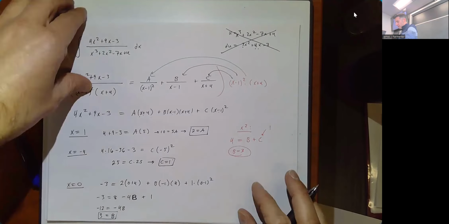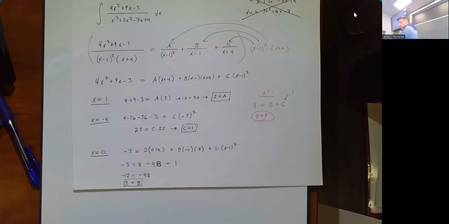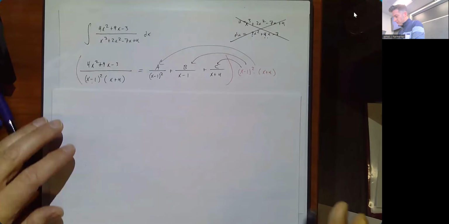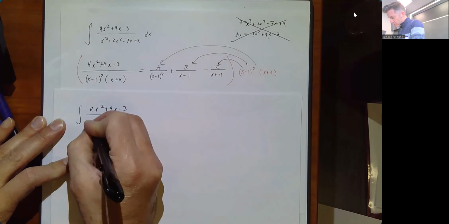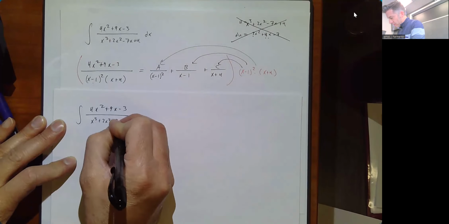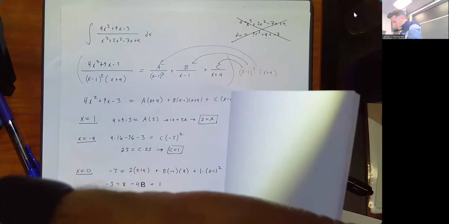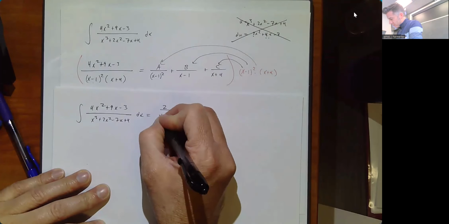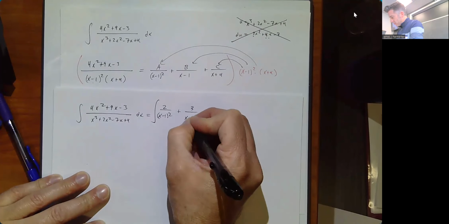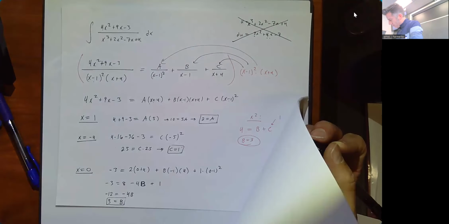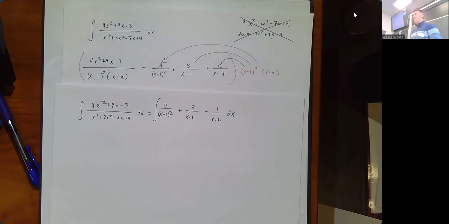So just to point out here, we're going to say that the integral of 4x squared plus 9x minus 3 over x cubed plus 2x squared minus 7x plus 4 is equal to the integral of 2 over x minus 1 squared, plus 3 over x minus 1, plus 1 over x plus 4. Which is much easier to integrate.